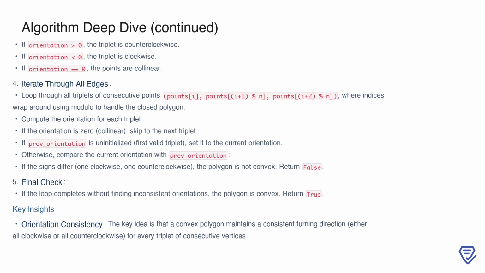As we continue iterating, we compare the orientation of each new triplet to prev_orientation. If the orientations differ in sign, indicating one turn is clockwise and another is counterclockwise, the polygon cannot be convex, and we return false. If no inconsistent orientations are found, the polygon is convex, and we return true. The consistency of turning direction across all triplets is the key insight that guarantees convexity.